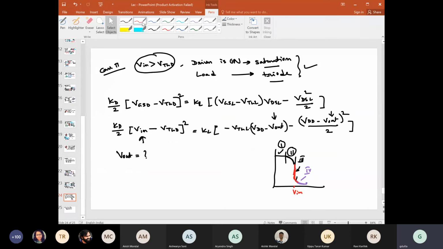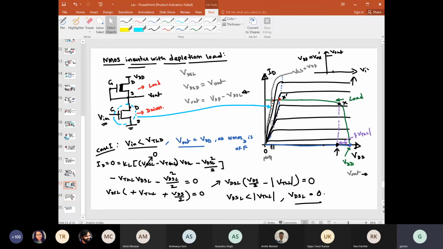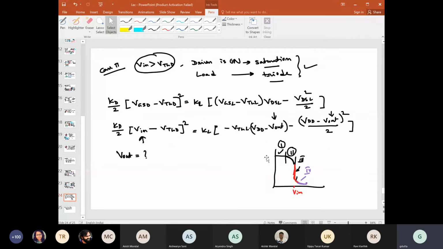I think analytically you should be able to find it, because analytically you can find the characteristics for VGS equal to VDD, right? This point, and where it will cut. From that point you should be able to find the value of this V output. So please do that and take it as homework: how to find the value of this minimum voltage, or VOL dash.